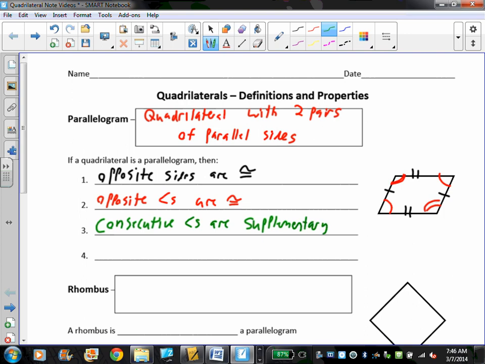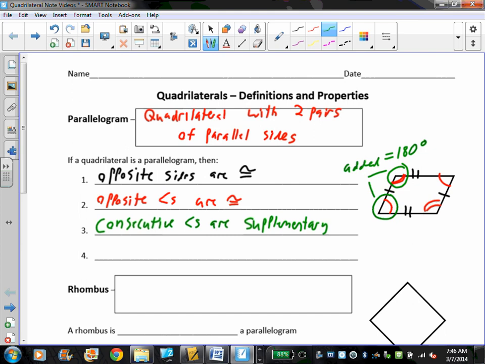So, if we were to take any two angles that were next to each other, for example, this one and this one, those two added together they'll equal 180 degrees. We could do that with any two angles that are next to each other in the parallelogram.